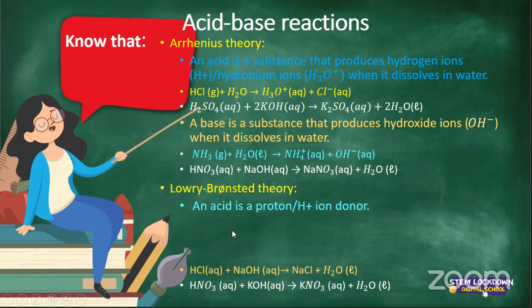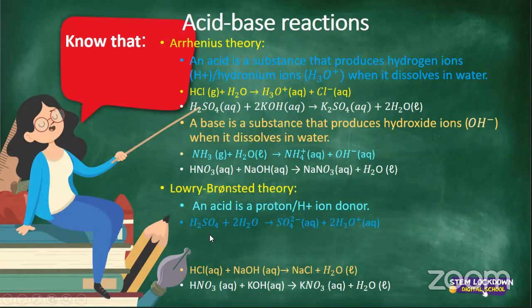Sorry, it donates an H plus, that is a proton, to form water. So the OH plus the H donated by the acid forms water. So an acid is a proton donor.